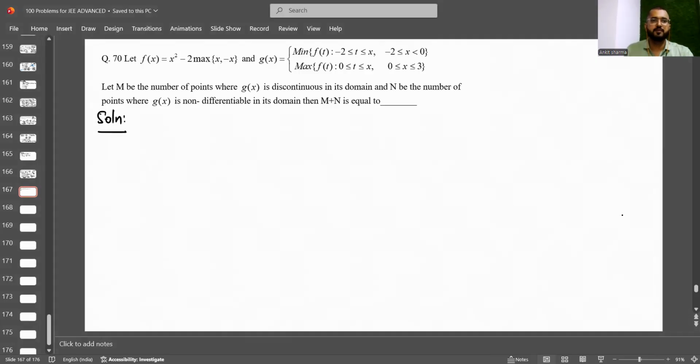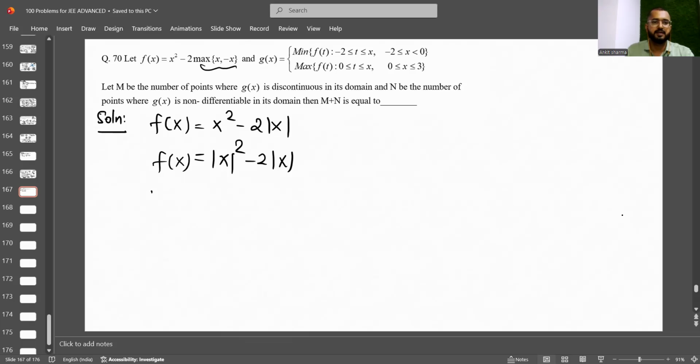Looking at this problem, we have f of x equal to x square minus 2 times mod of x. That's another way of writing mod x. Now we want g of x to be the minimum of f of t and the maximum of f of t. That means we need to graph this function first.